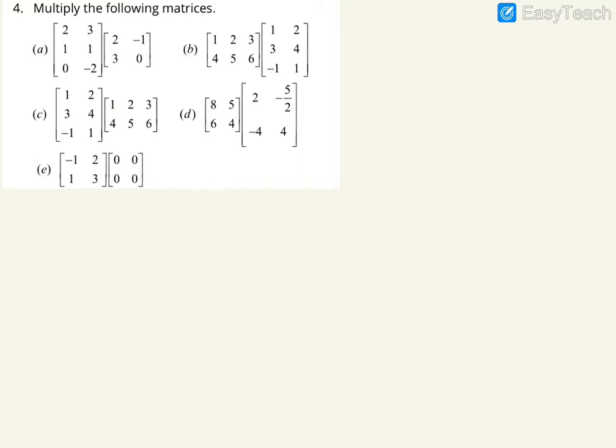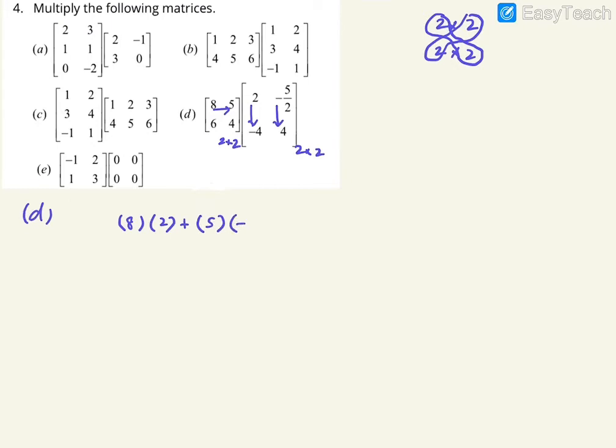Next is part B. So the order is 2 into 2 for both. Multiplication is possible, and the product will also have the order 2 into 2. So this row will multiply with this column. The same row will multiply with the second column also. So A times 2, first element with first element plus second element with the second element.